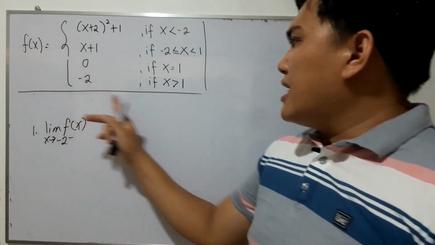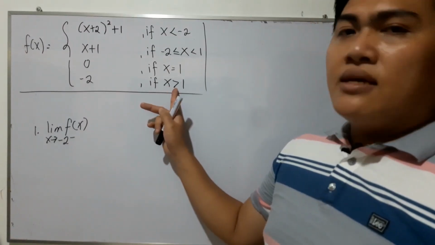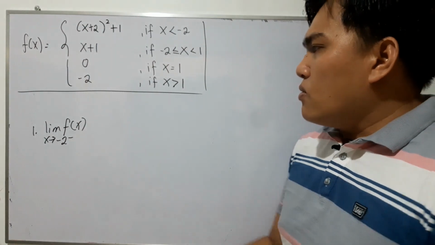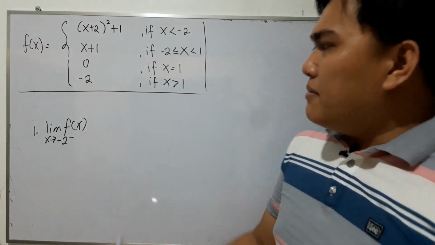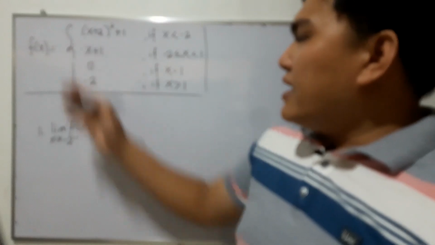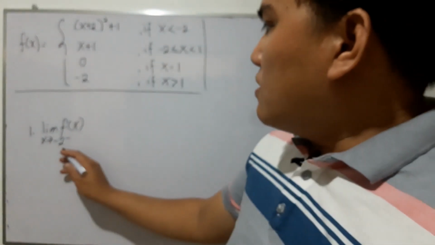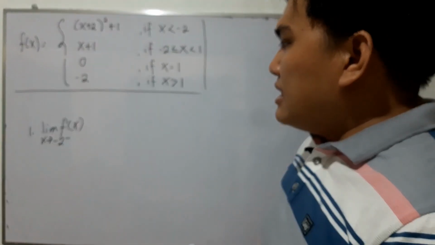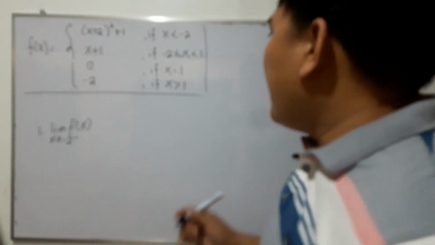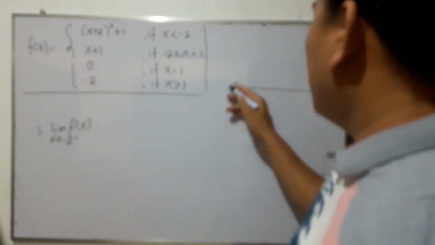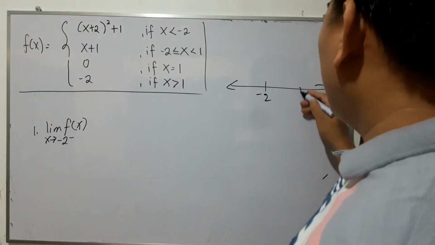And f of x is -2 if x is greater than 1. What if we are asked to find the limit of the function f of x as x approaches -2 from the left? From the left of -2 are values, so if this is the line, -2 and 1.